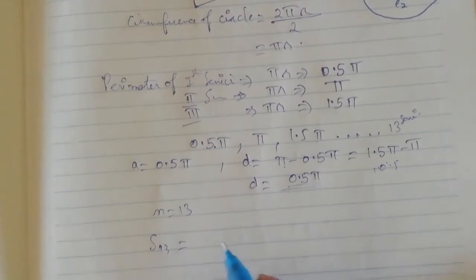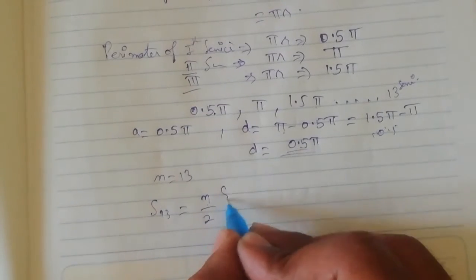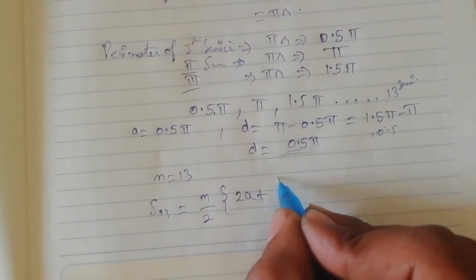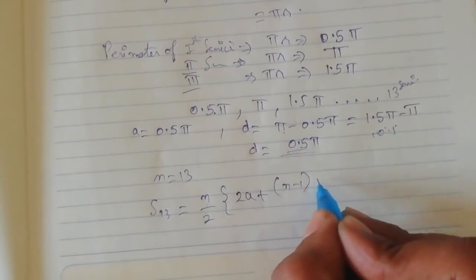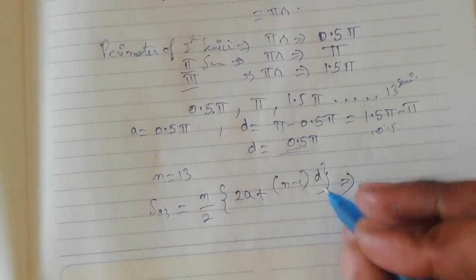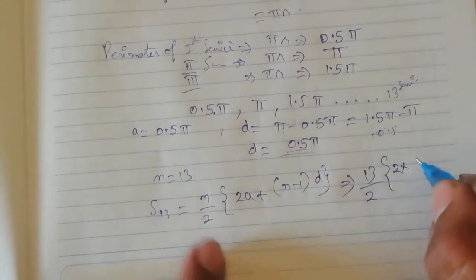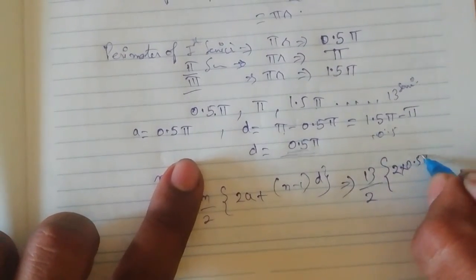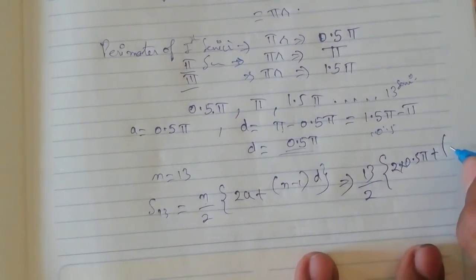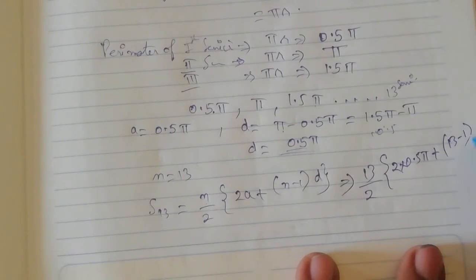So it is nothing but n by 2 into 2a plus n minus 1 into d. Here we have the value of n, so 13 by 2 into 2 into 0.5 pi plus, look, n is 13, minus 1, into d, which is also 0.5 pi.